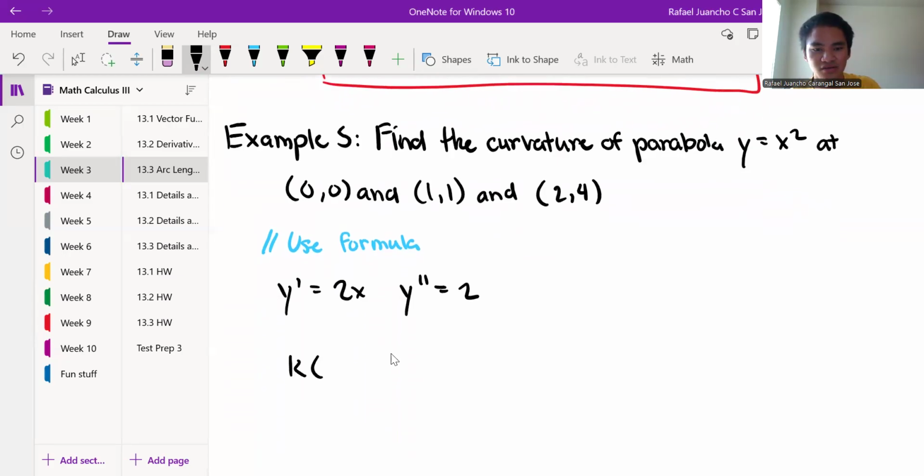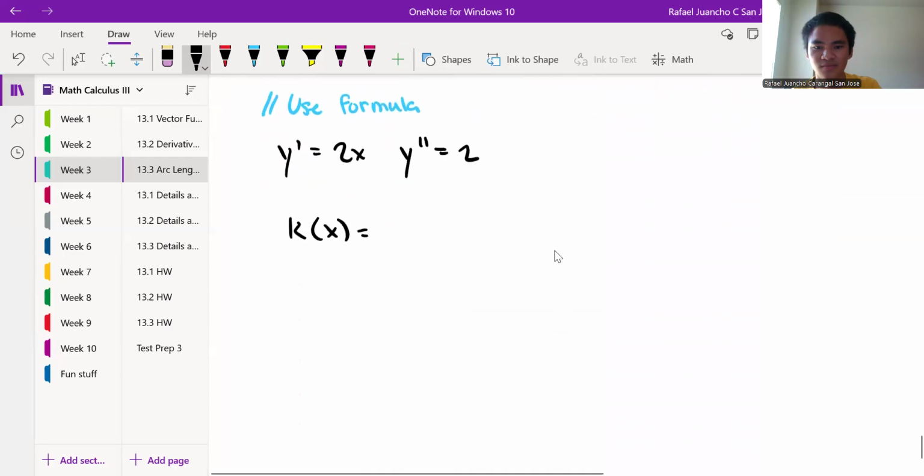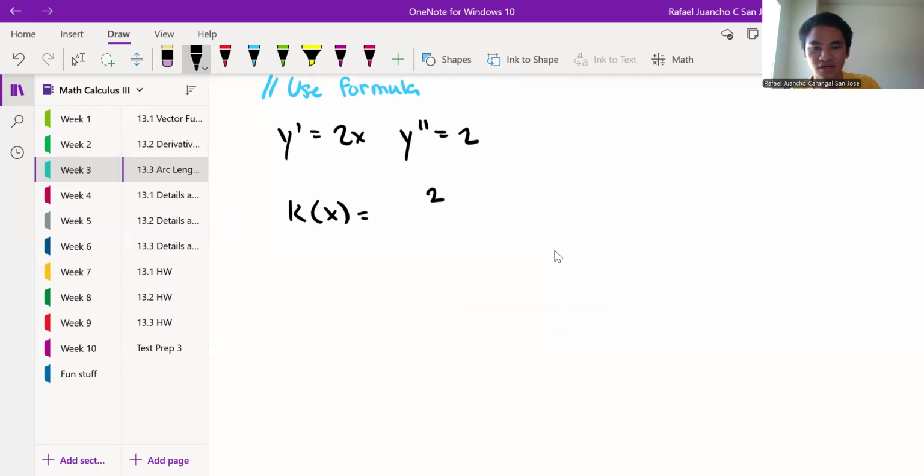And so we can just use our formula here. So we get k of x, to be as general as we can. So the double derivative, that's just 2. Absolute value of 2 is 2. Actually, let's cater it to this thing.